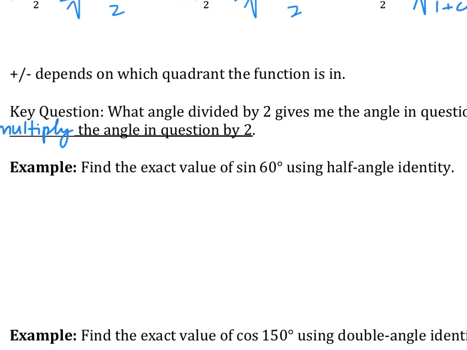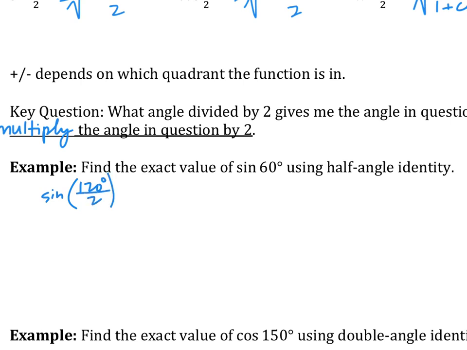So for example, find the exact value of sine 60 degrees using half angle identity. We're not saying 2 times what angle gives me 60. Rather, we're asking ourselves, what angle divided by 2 gives me 60? So what angle broken in half is going to give me 60? That is 120 degrees.